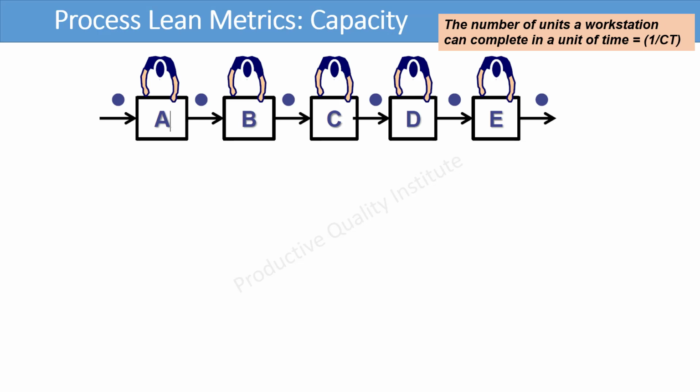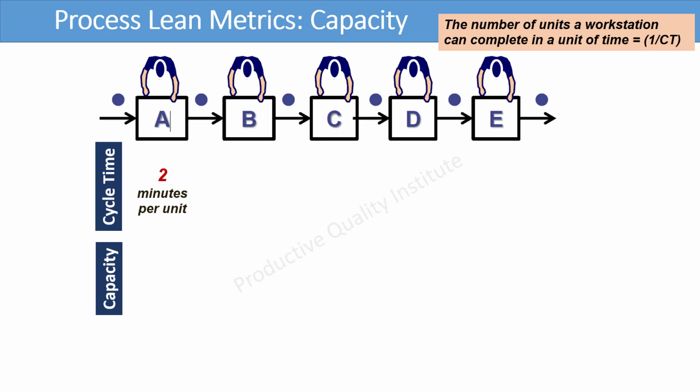Capacity is the number of units a workstation can complete in a unit of time, which is equal to 1 over cycle time. For workstation A, the cycle time of 2 minutes per unit leads to a capacity of 30 units per hour. For workstation B, 3 minutes per unit leads to a capacity of 20 units per hour.